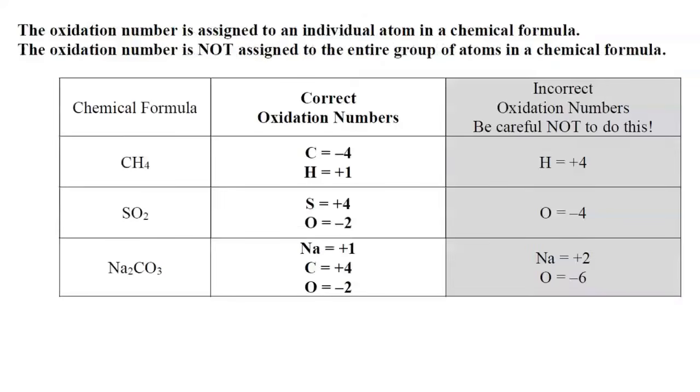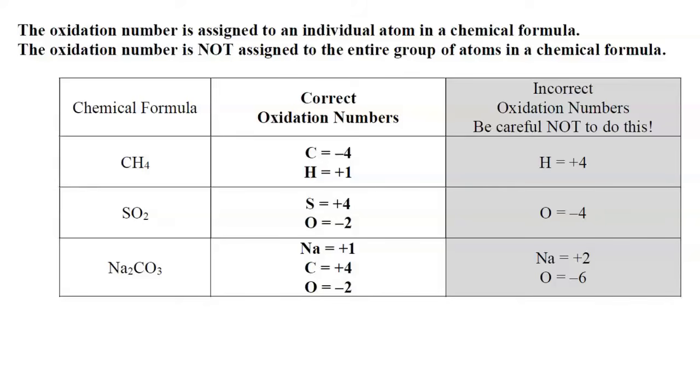Before we move on to number 10, just a final warning to be careful not to make the following mistake. For example, in CH4, carbon was -4, hydrogen was +1. Be careful not to group the entire atoms. Hydrogen does not carry an oxidation number of +4, it's +1. We're assigning the oxidation number to an individual atom in a chemical formula. In our next example, sulfur dioxide, the oxygen is -2.